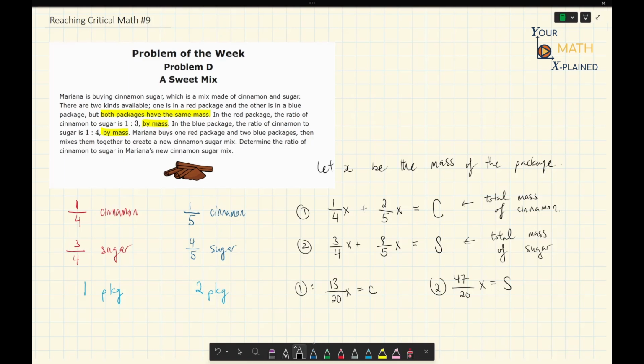So for us to figure out the ratio of cinnamon to sugar, we can just write 13 over 20 x to 47 over 20 x. Getting rid of the x since it's showing up on both sides, and getting rid of the 20 since it's showing up on both sides, that tells us that the ratio is 13 to 47.